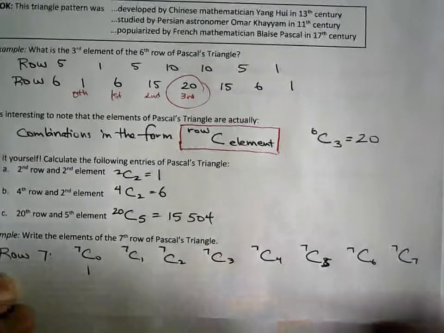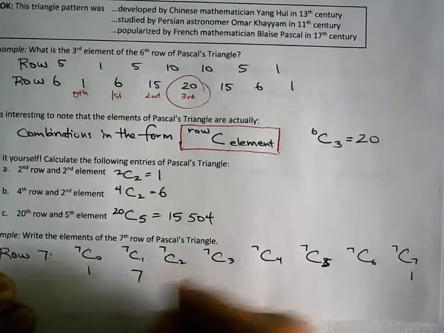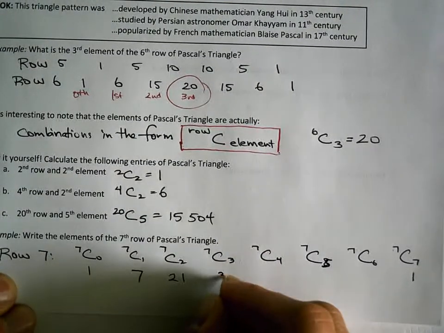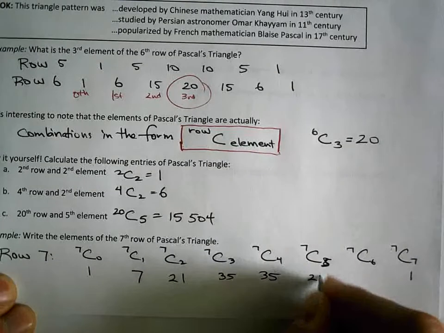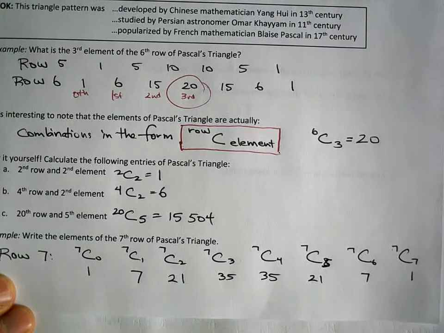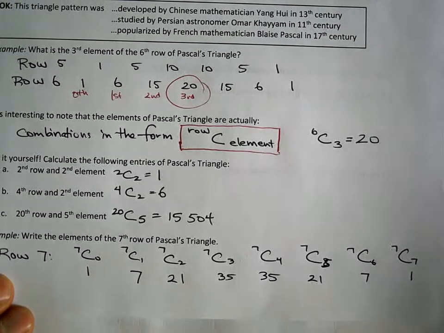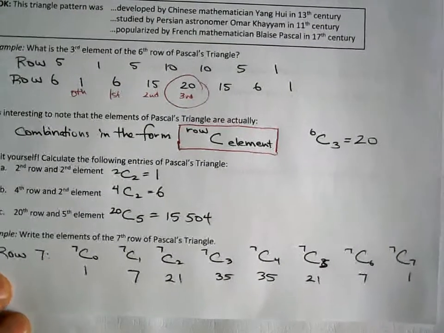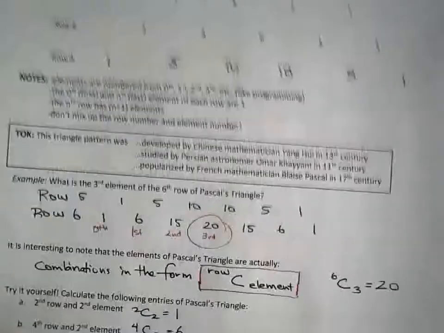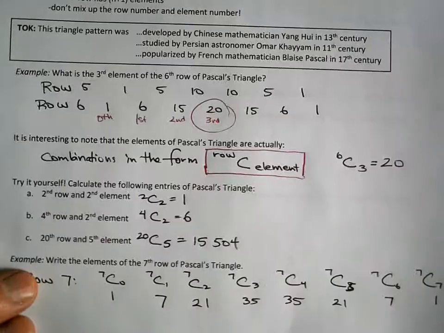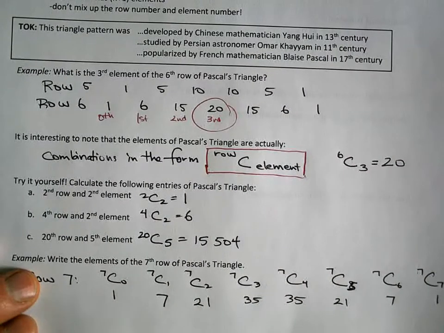If I type this into my calculator, I get 1, 7, 21, 35, 35, 21, 7, 1. And again, note that nice symmetry. So you can start to imagine Pascal's triangle not as a bunch of numbers, but as a bunch of combinations.